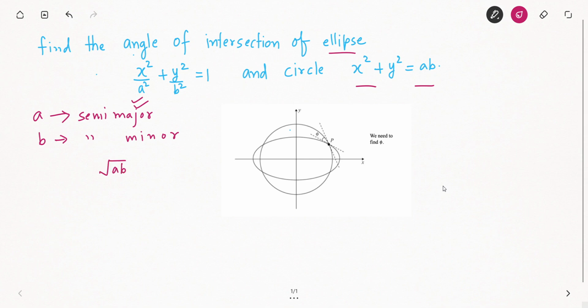The radius of the circle is root under AB, and that is less than A, and this radius is greater than B. Thus, what can we infer?